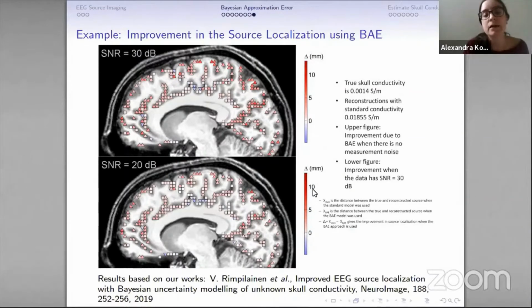But at that point we started thinking, okay, this is nice, but can we also estimate the approximation error, the error term, this epsilon, and can we extract any information about the conductivity part?